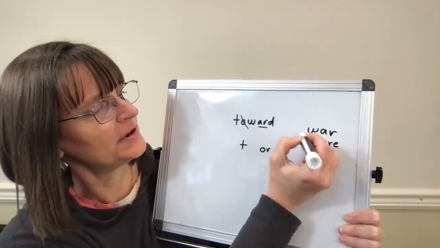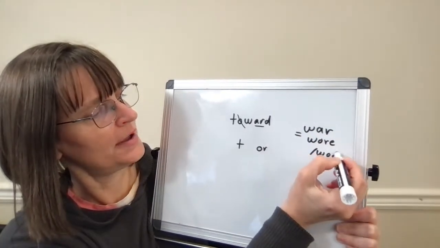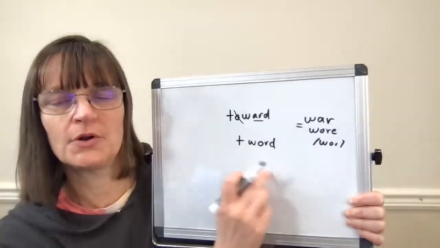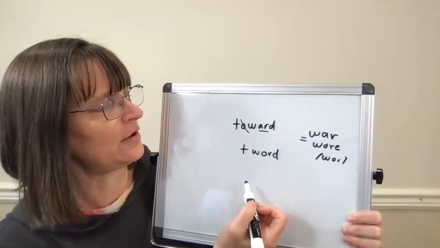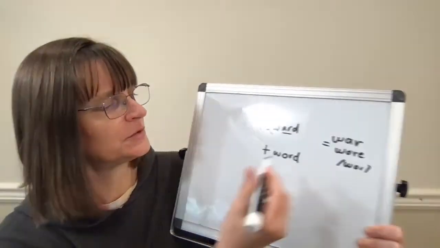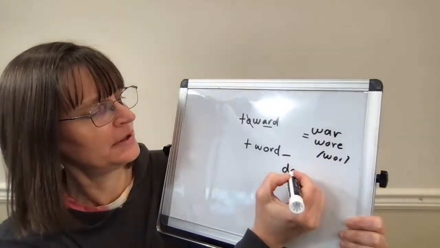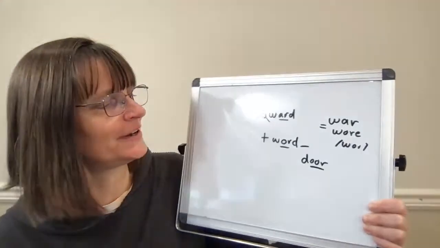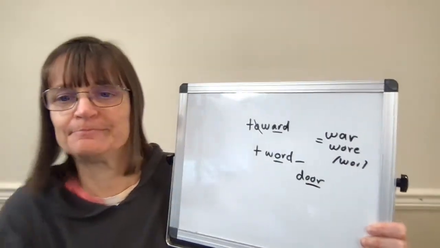These have the same pronunciation, war. And we often say toward, with basically no vowel there, toward. Going toward the door. That's a good way to remember it, actually, toward the door, because you have the same or sound in both of those words.